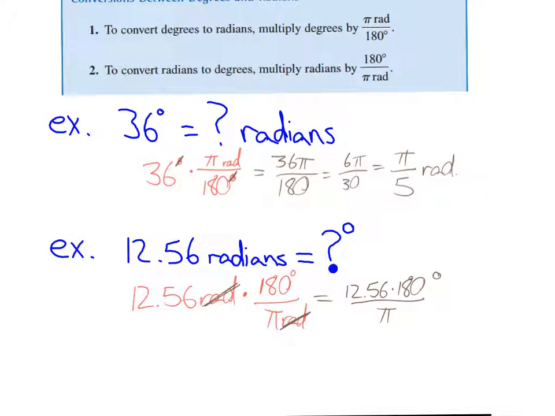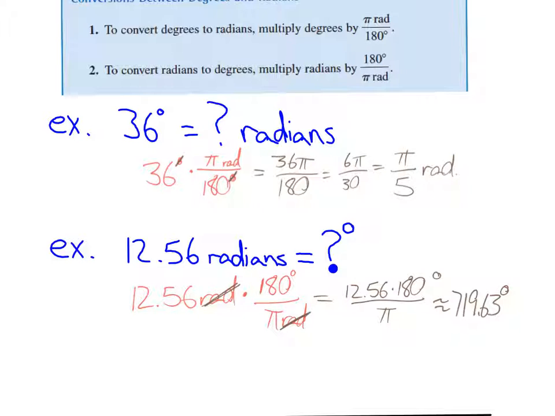But if I divide this by pi, I get 719.63 if we round to 2 decimal places. Okay? So 719.63 degrees. Okay? Does that make sense?